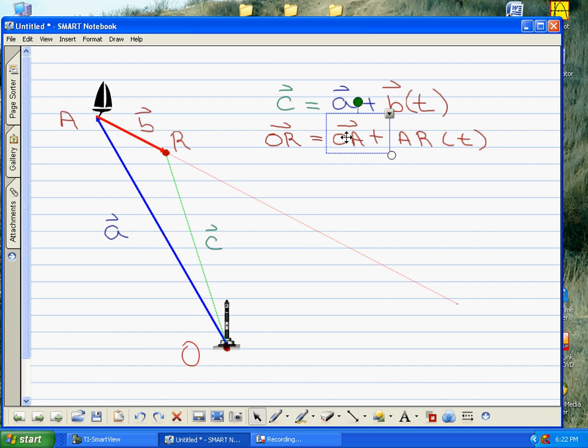Plus vector B goes from A to R, and here I have vector AR. And I forgot to put a little vector symbol above it. And the vector I am trying to compute is vector C right here, which is from O to R. So vector C is OR.